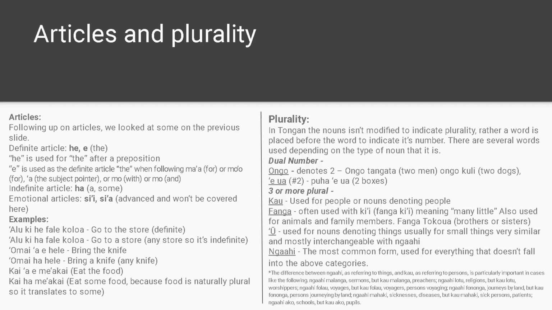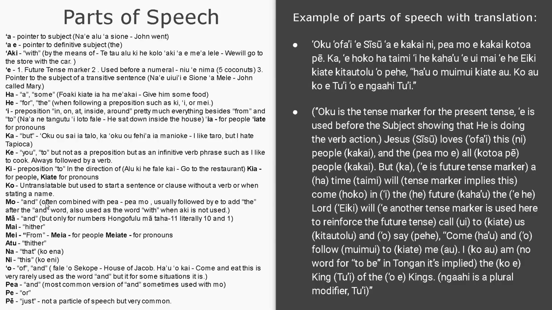And I realized something as I was writing this, and I had to make some corrections. So I did want to go back to the previous page and talk about this really fast. So I had talked about how mo and bea were combined, and I didn't really understand why sometimes you do add mo to it, but I realized that if you're using bea and the next object of the clause that's after the and needs a definite article, the, or an indefinite article.